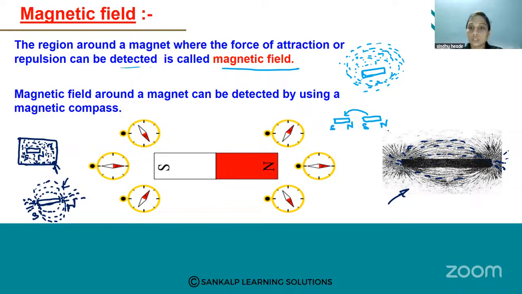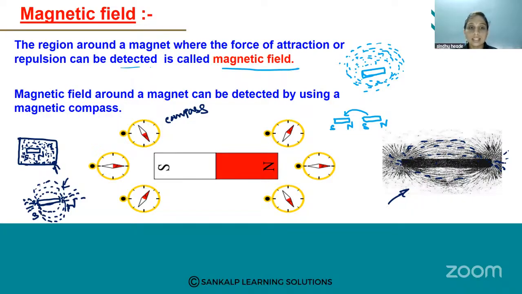We can use this activity and explain the things, or else we can use a compass also. Okay, by using this compass we can find out the magnetic field. How can we find it out with the help of this compass? See here again, we consider one bar magnet, having south and north poles.